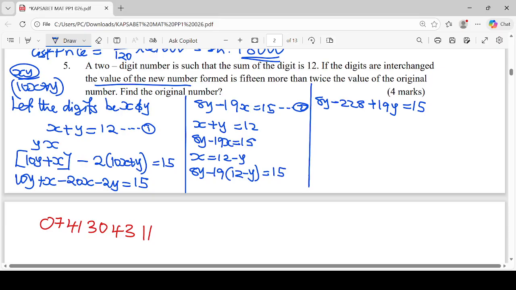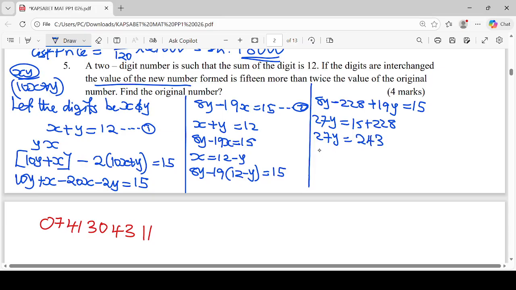So 8y plus 19y will become 27y. 27y being equal to 15 plus 228. 228 plus 15 is 243.